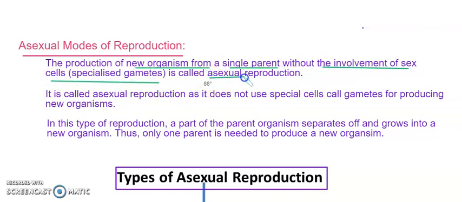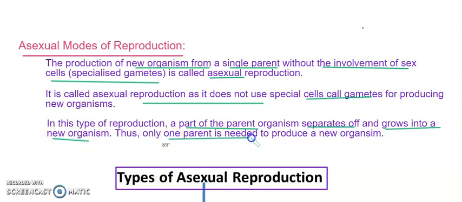So in asexual reproduction, the organism will not use the special cell called a gamete. In this type of reproduction, a part of the parent organism separates off and grows into a new individual organism. So only one parent is required for such a type of reproduction. Therefore, it's called asexual reproduction.